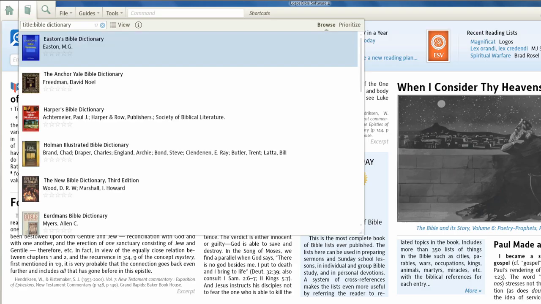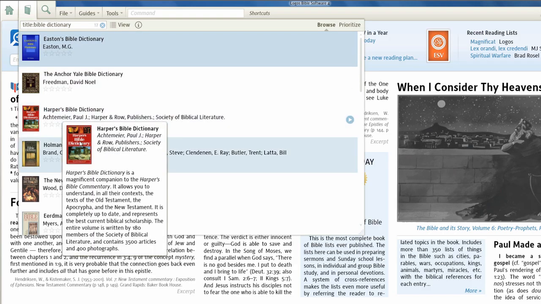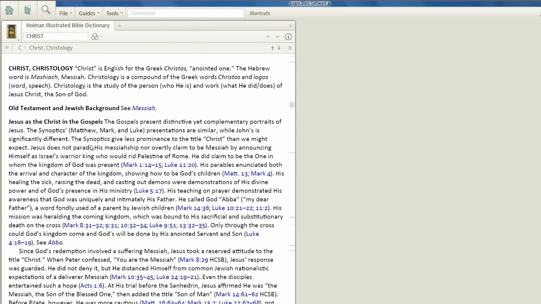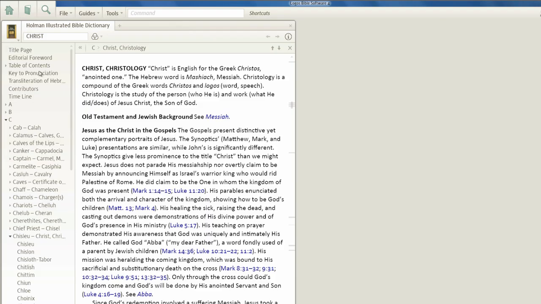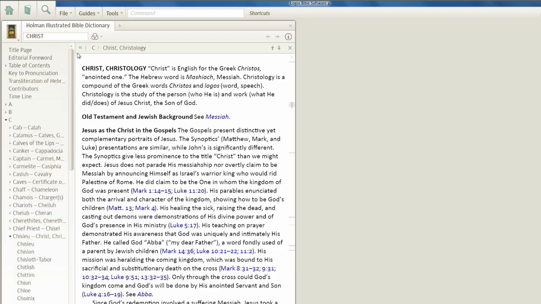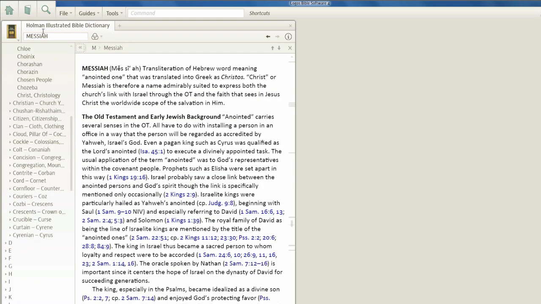Now, once you've found the dictionary that you're looking for, it's just a matter of opening it and scrolling through, say, the table of contents to find the article that you're looking for, or you can simply type in something like Messiah and get to the article that way. So that's the first way.